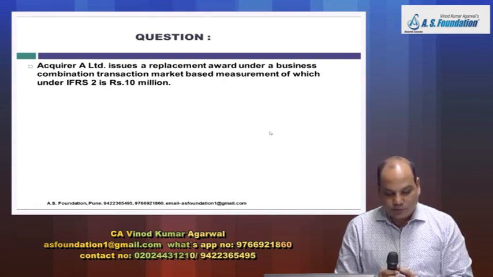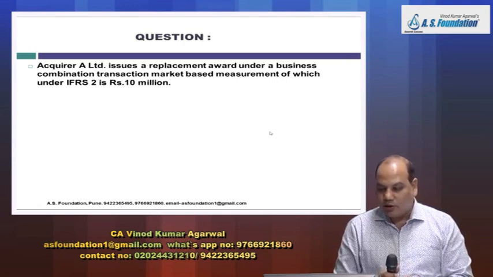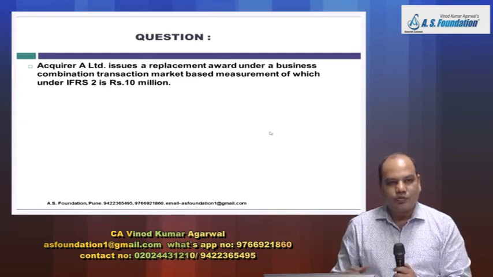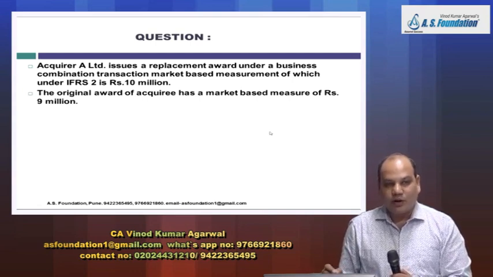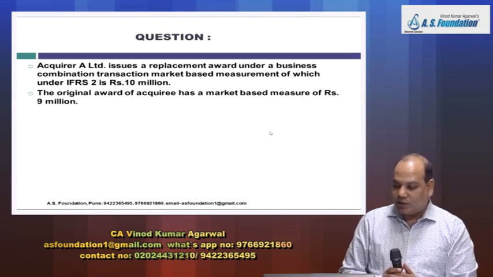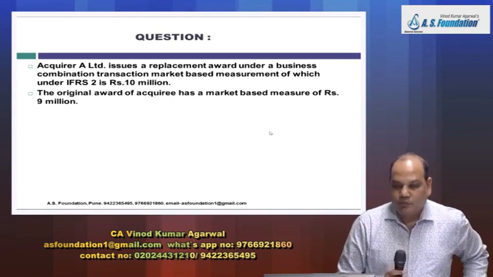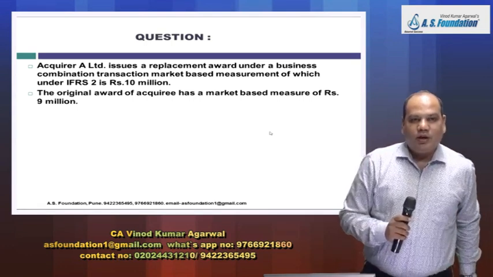This is question number 49. Acquirer A Limited issues a replacement award under a business combination transaction. The market based measurement of which under IFRS 2 is rupees 10 million. The original award of the acquiree has a market based measure of rupees 9 million.